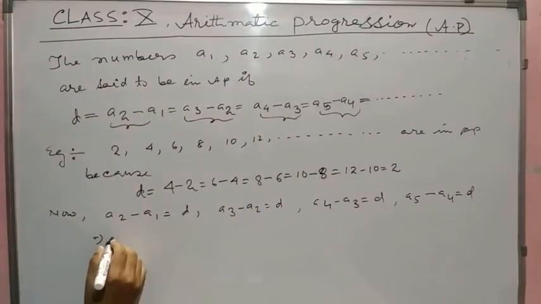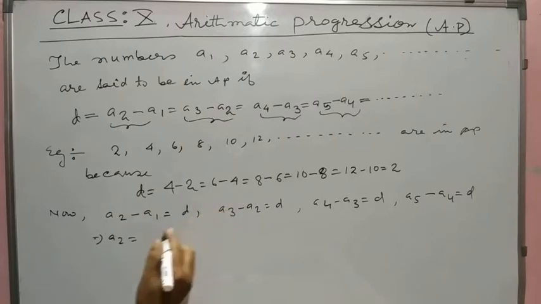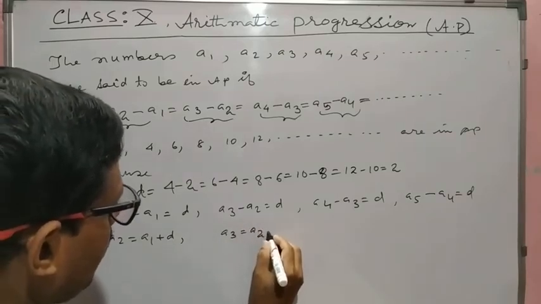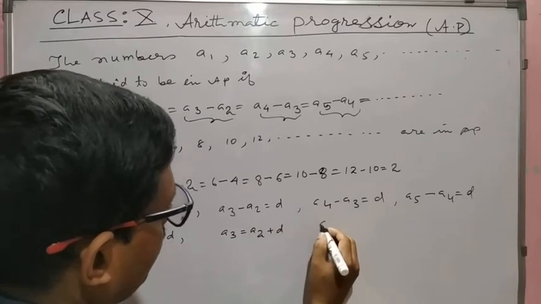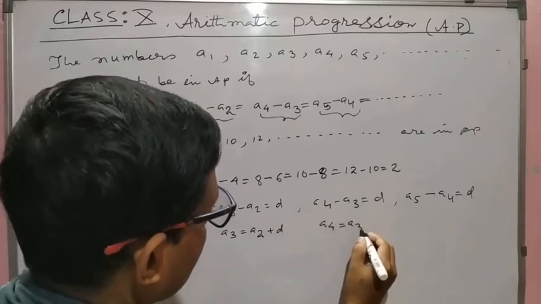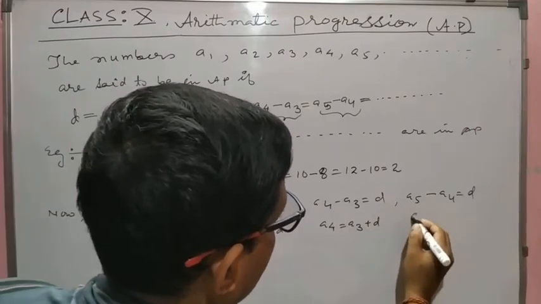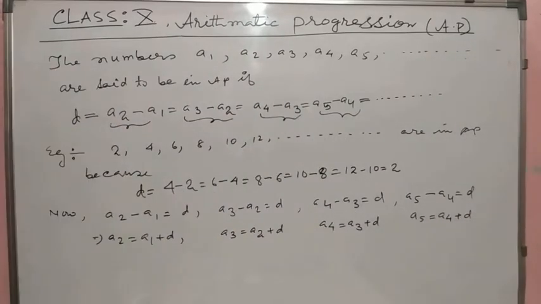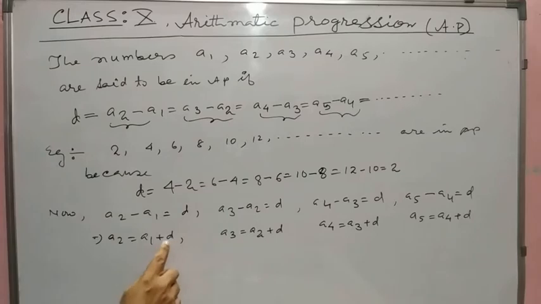Now we can write this as A2 equals A1 plus D, transferring it to this side. Here A3 equals A2 plus D, A4 equals A3 plus D, A5 equals A4 plus D. Got it?